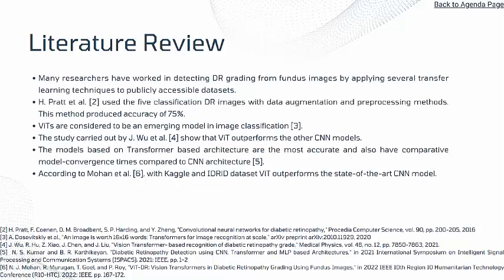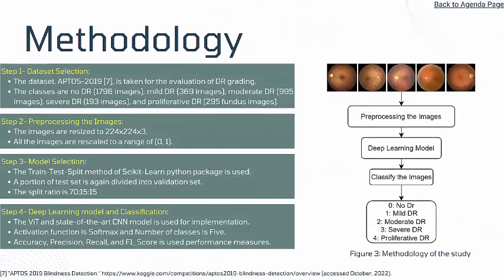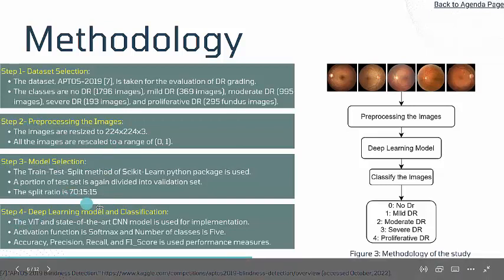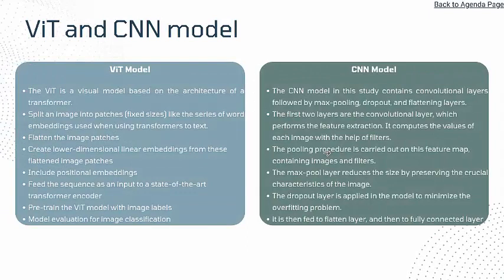In our system, we implemented the methodology shown here in 4 main steps. Step 1 is the data selection, step 2 is the pre-processing, step 3 is model selection, and step 4 is the deep learning model and classification. We use the ViT model for the transformer architecture.